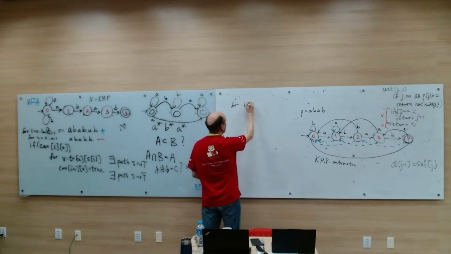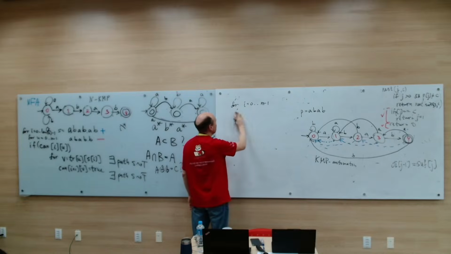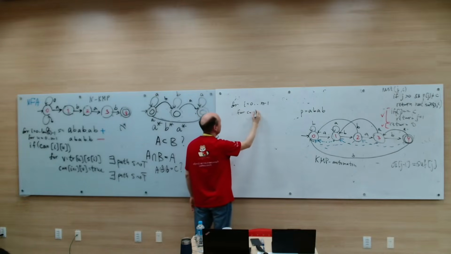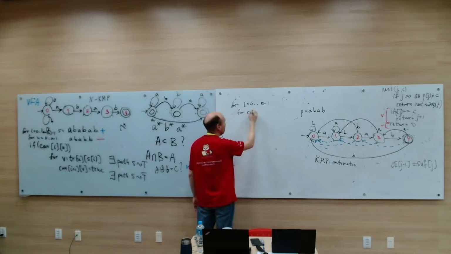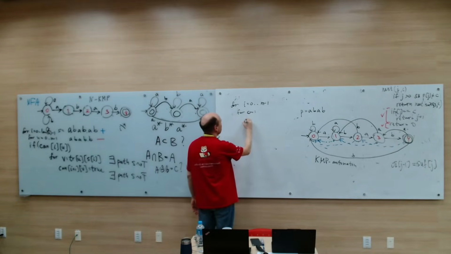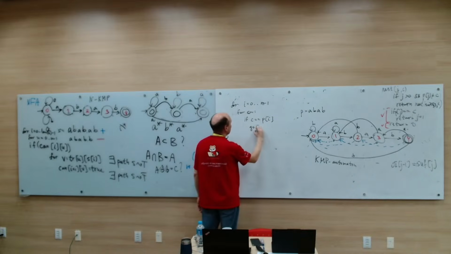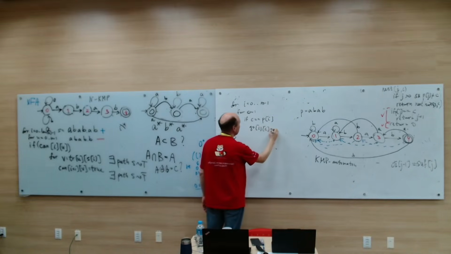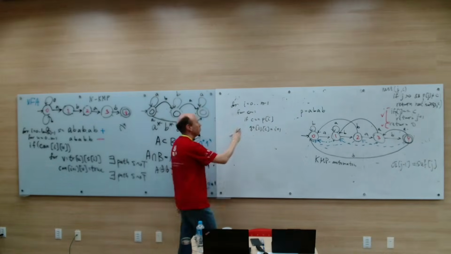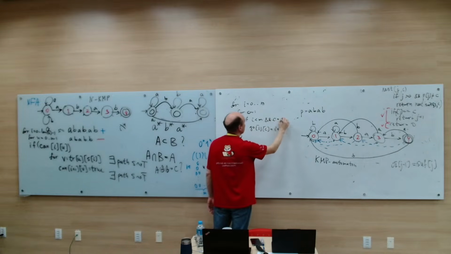So for i from 0 to n, for each character c, whatever characters we have: if c is equal to the next character of the pattern, then go from i by c is equal to i plus 1. Go to the next, up to m, by the way.